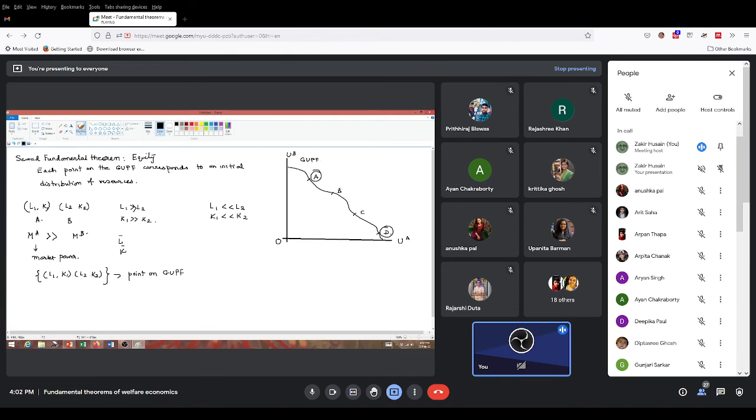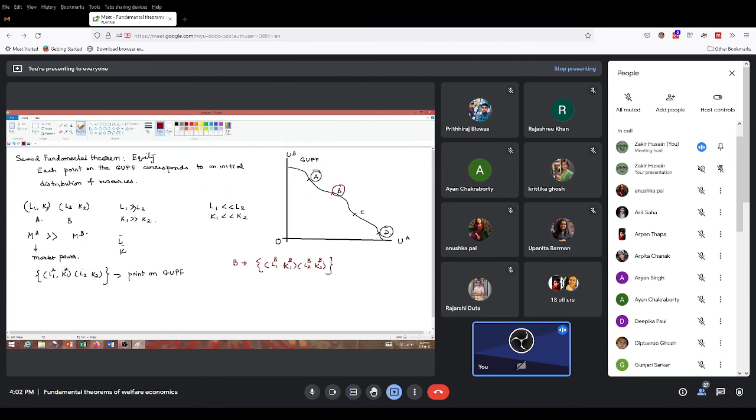If you can identify a point which is more or less equitable, let us say B, what I can do is, corresponding to point B, I have an endowment. My actual endowment is something different.